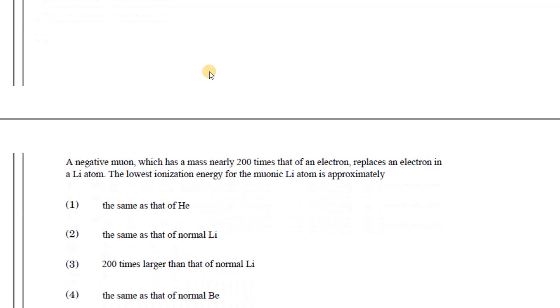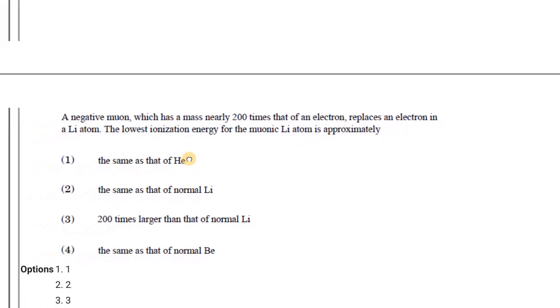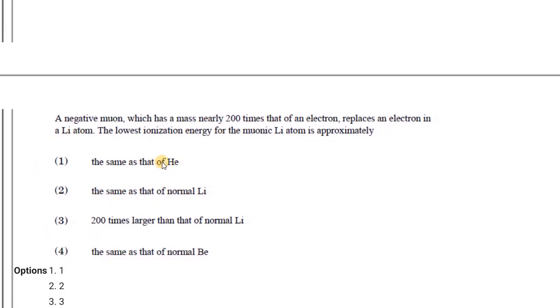So the first question was that muon question, which was discussed heavily in the group. The concept is the effective mass concept, but the only issue is that in that CSIR NET paper, in the very small time, this answer, what was helium, was not very easy to conclude with.